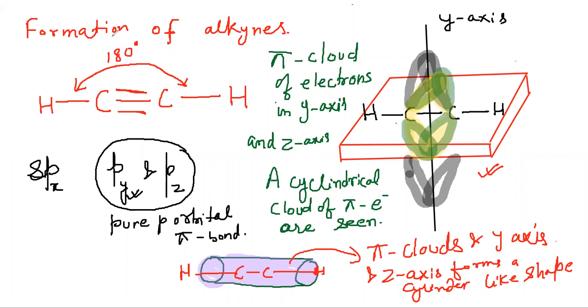This can be drawn even more clearly if I draw in this way. One carbon, another carbon, this is the sigma skeleton.